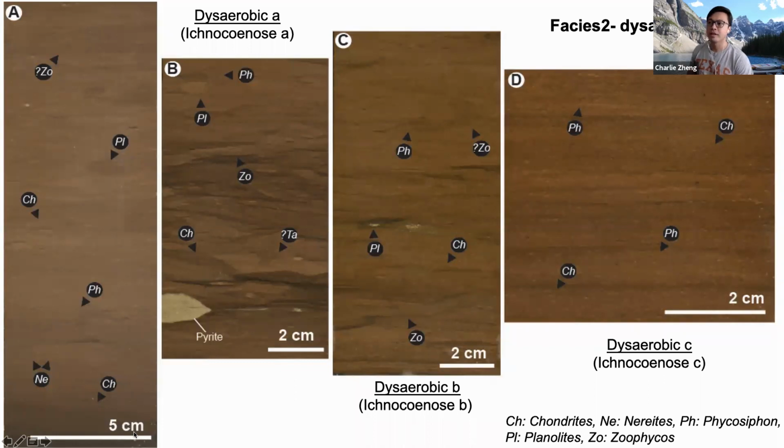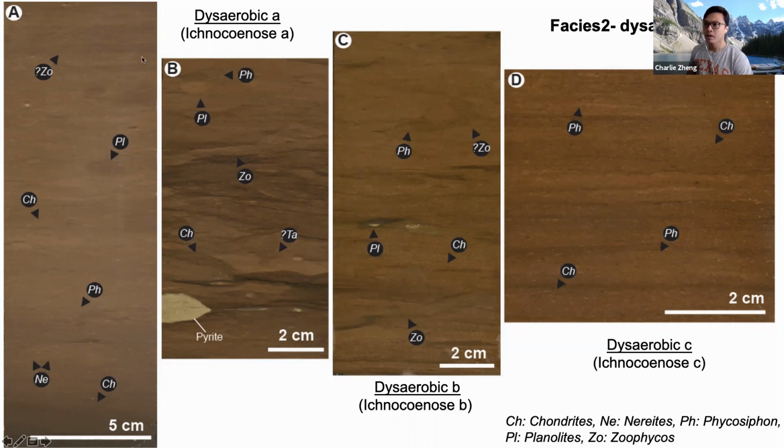But as you can see, we have a more diverse fauna in assemblage A, and then the diversity decreases into B. And essentially in assemblage C, there are only 2 types of trace fossils, and the size decreased significantly to less than 1 millimeter wide in the most hypoxic conditions.